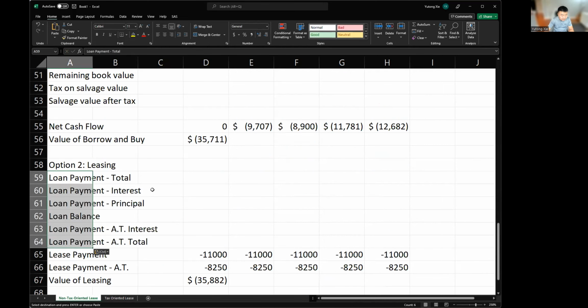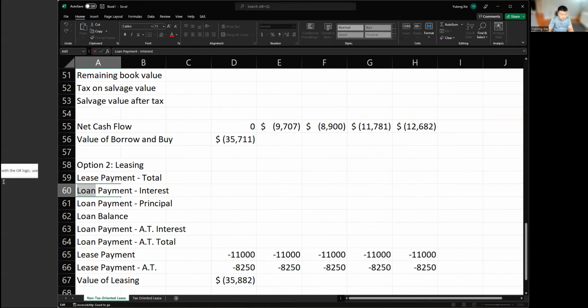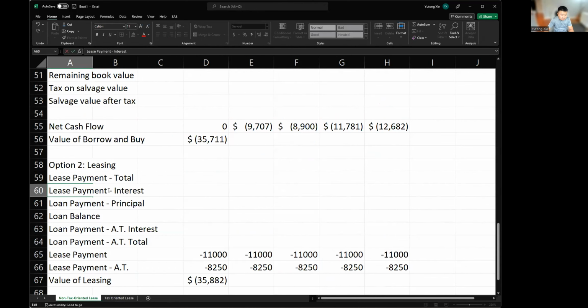Okay, so I'll put everything here. So instead of loan payment, I'll call it lease payment. And this is lease payment, and it's not interest, but imputed interest. This is lease payment, and I'll call it lease liability. And I'll call it lease liability balance.